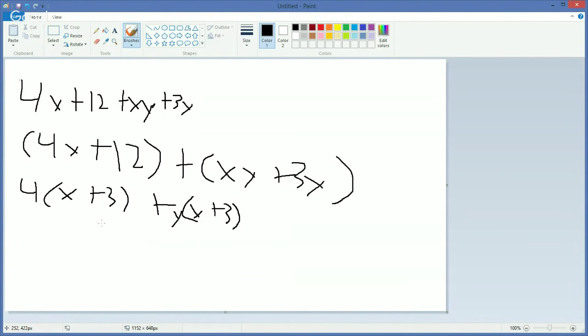In short, what we can do is take out the x plus 3, which gives us the final brackets. Open bracket x plus 3, close bracket, open bracket 4 plus y, close bracket. Let me erase and rewrite that properly.